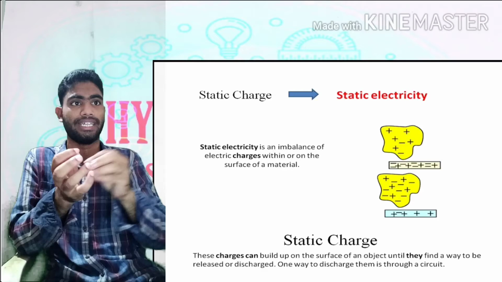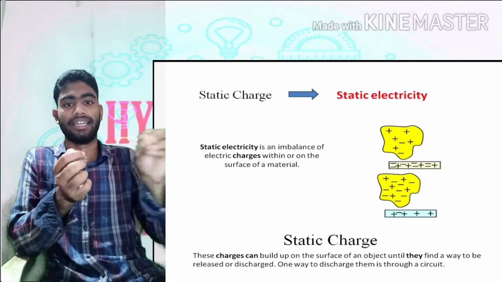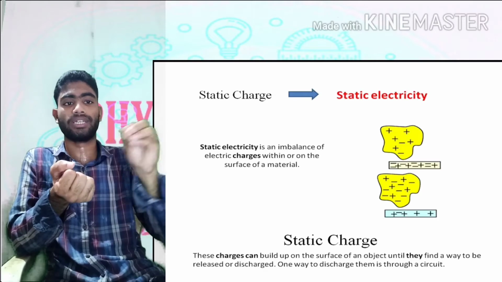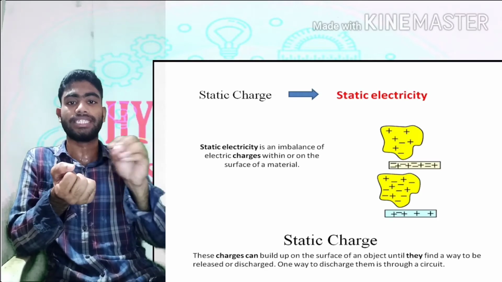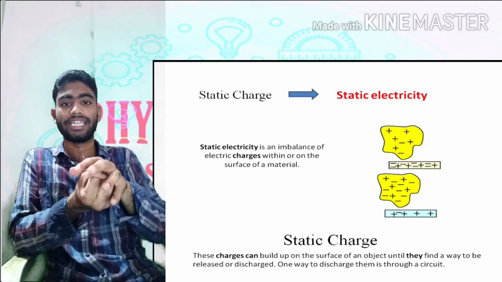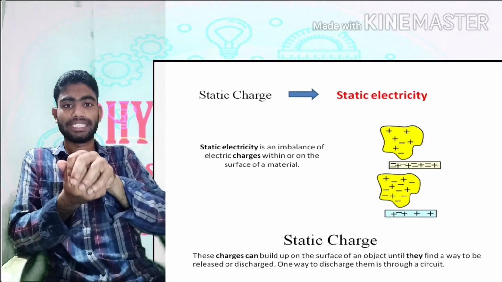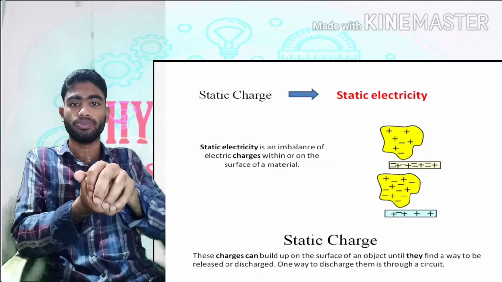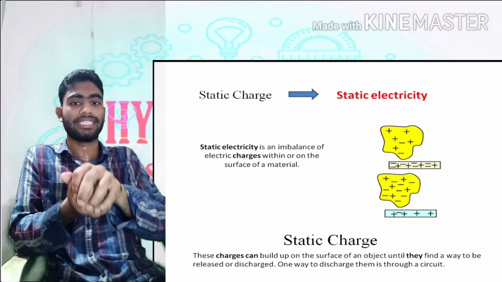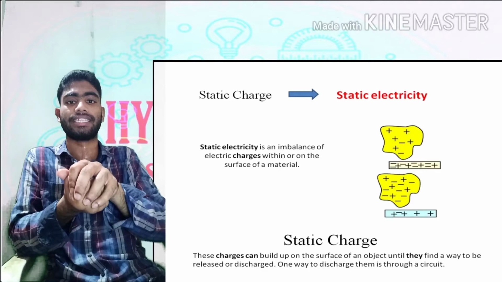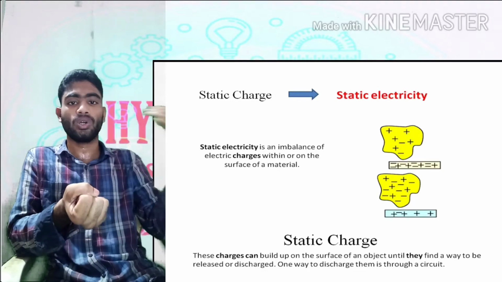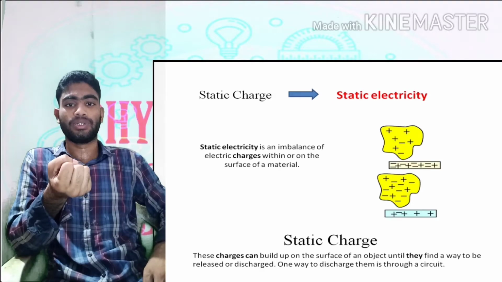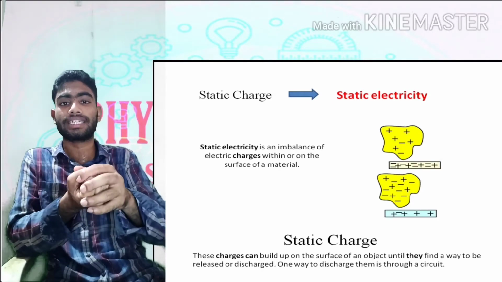When charge moves from one place to another, we say it is electric current, not static charge. Static charge is fixed and stable at a position. When it starts to move, it is electric current. So a static charge needs an electric circuit to get converted into electric current.